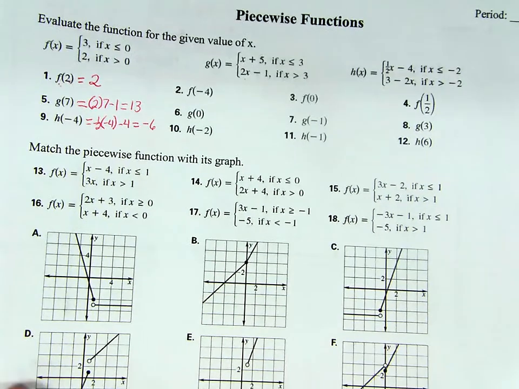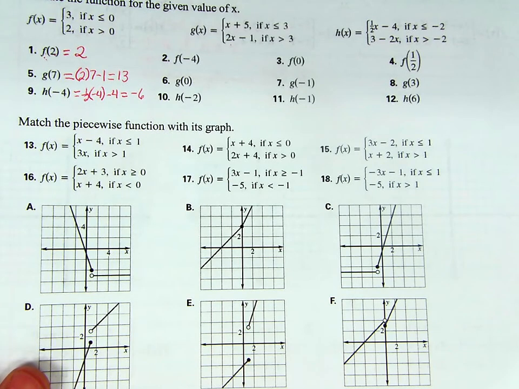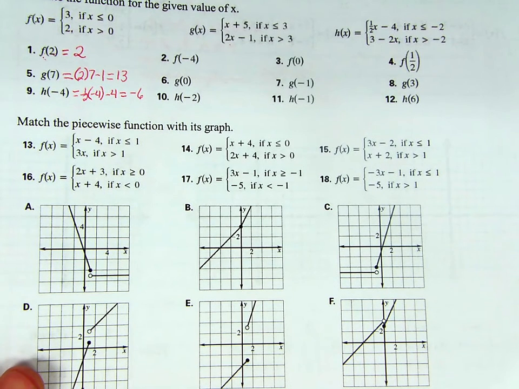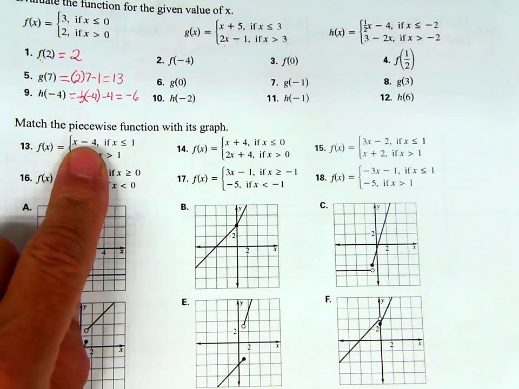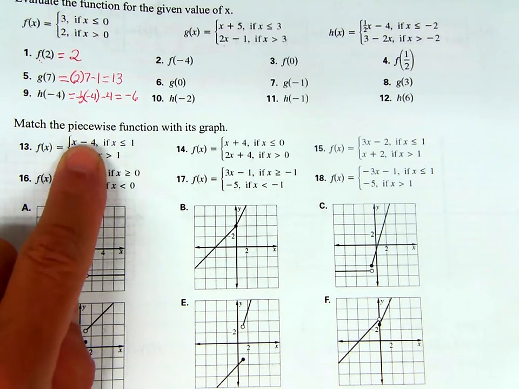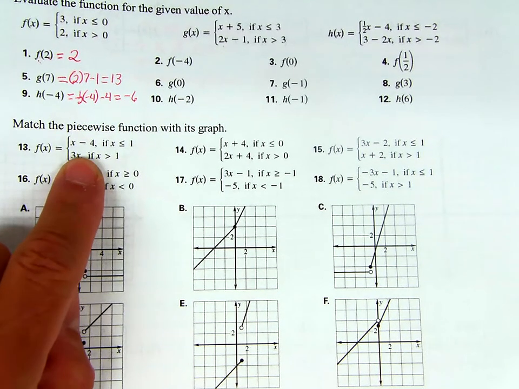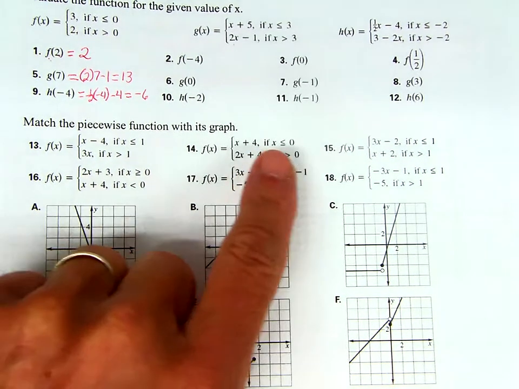For this next part, it's matching. Match the piecewise function with its graph. You may have to, in your calculator, graph these lines to remind you what they look like.